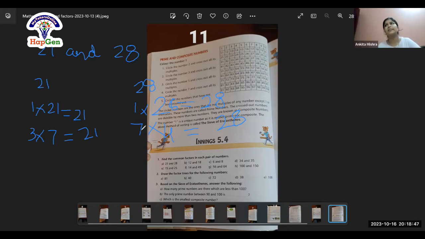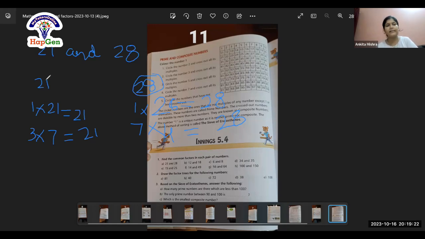Now let's move to the third one. Do you think we have any other common factor? Just think and tell me. You said 2. Yes, we can divide 28 by 2, and the answer will come as 14.